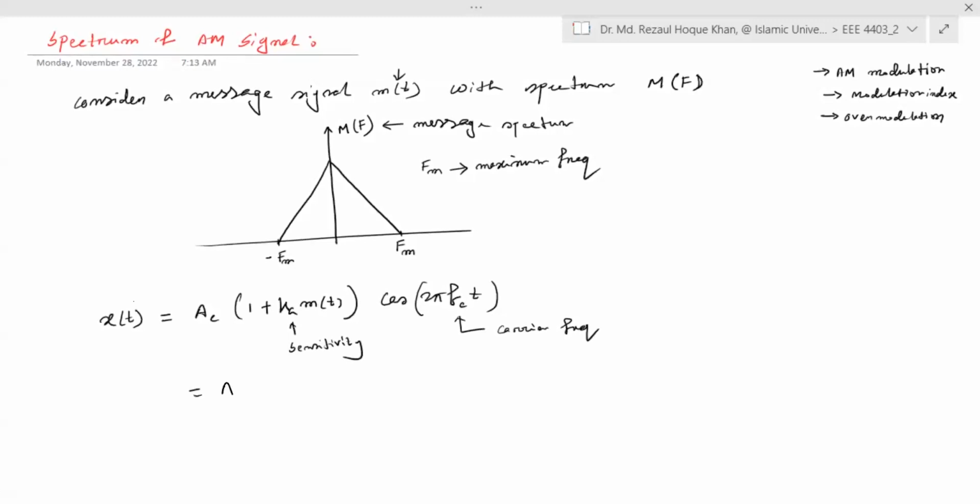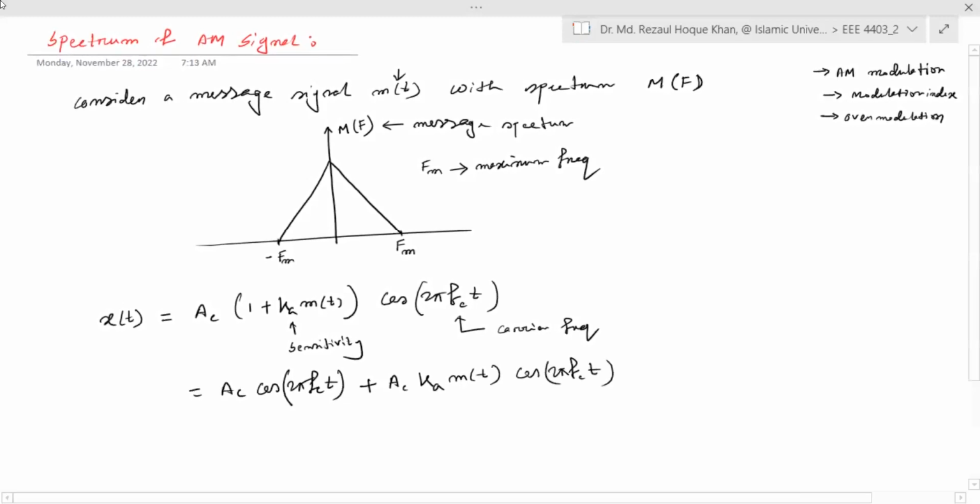Or rewriting it, A_c cos 2 pi f_c t plus A_c k_a m(t) cos 2 pi f_c t. So k_a is the sensitivity in amplitude modulation. Now the modulated signal, we express it in two components. This is the one component, this is the other component.